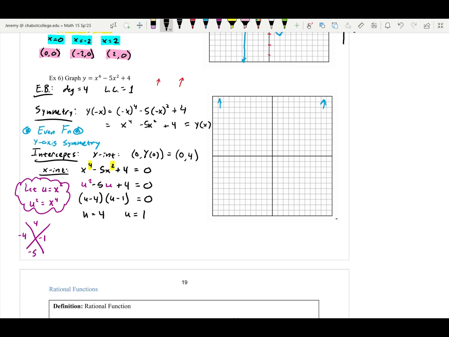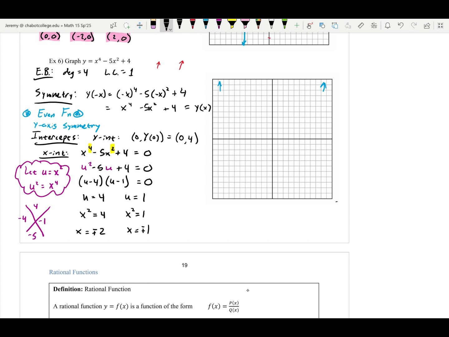But what is u really? U is x squared. So really it's x squared is equal to 4, x squared is equal to 1. So you could solve by taking square roots. X is equal to plus or minus 2, x is equal to plus or minus 1. So those are the zeros.